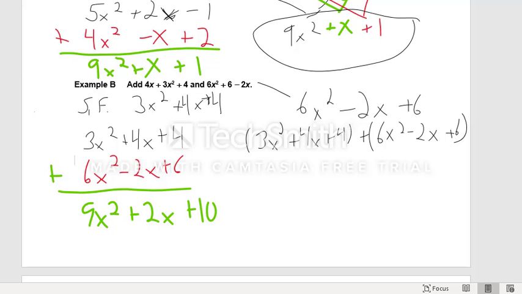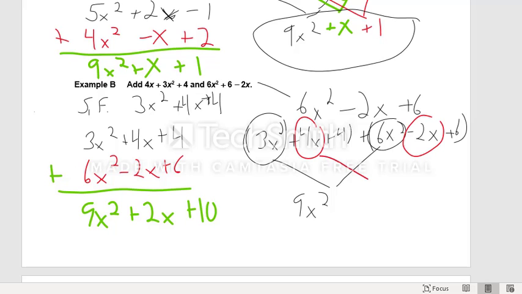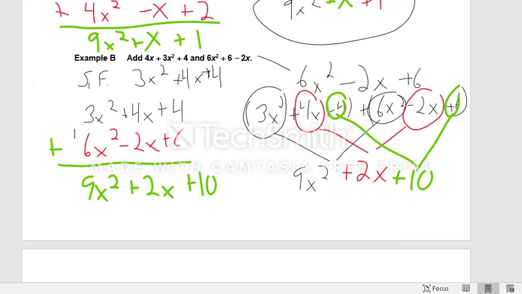Look for like terms, x squared, combine them, 9x squared. Look for like terms, 4x and a negative 2x, combine them, 2x. And look for like terms, 4 and 6, combine them to make 10. Whichever way you want to do is up to you.